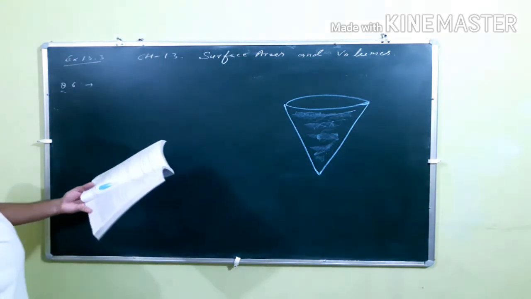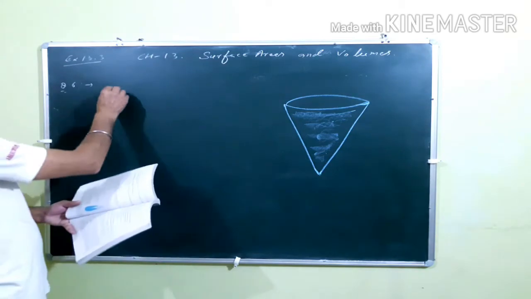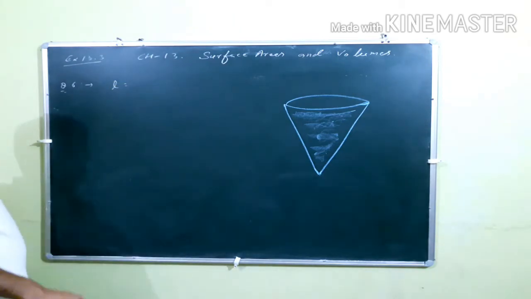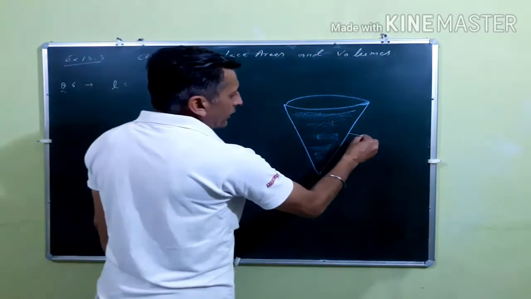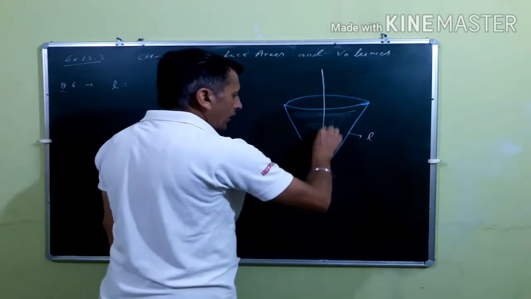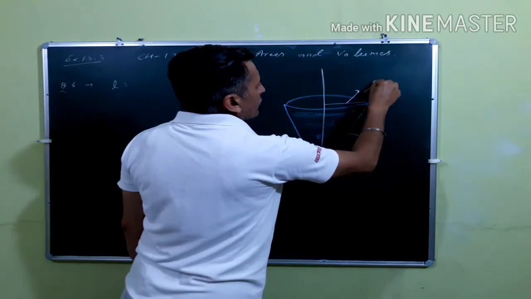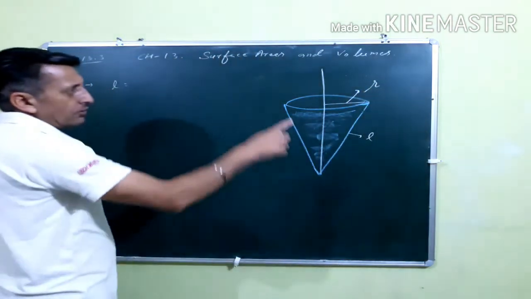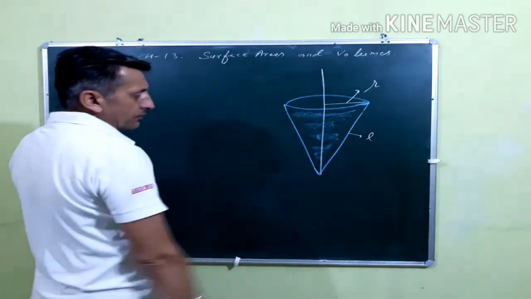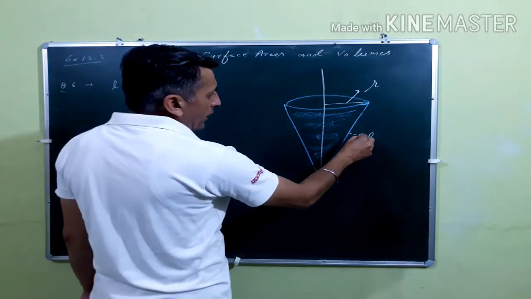So in this case the slant height is usually denoted by L. This is your slant height, then this is your height H, and this is your radius R. I told you this is your R, this is simply the height, and this is your L. Done.